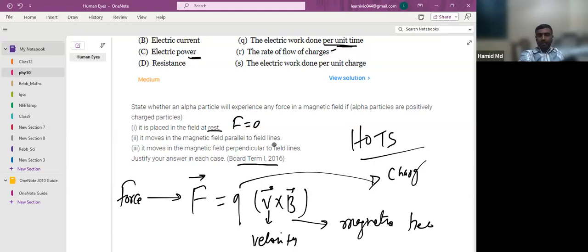Jasleen, is it clear? Okay, sir. This is the cross product, which may be written as VB sine theta. When these two are parallel, like this is V, and this is B, so these two are parallel, right? Madiha, what will be the angle between V and B?